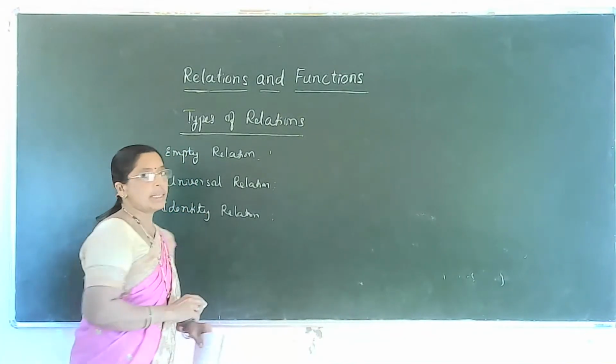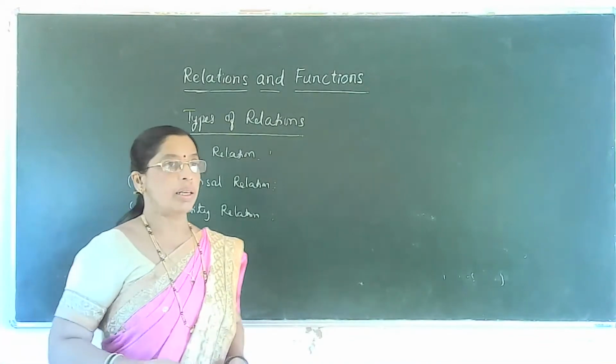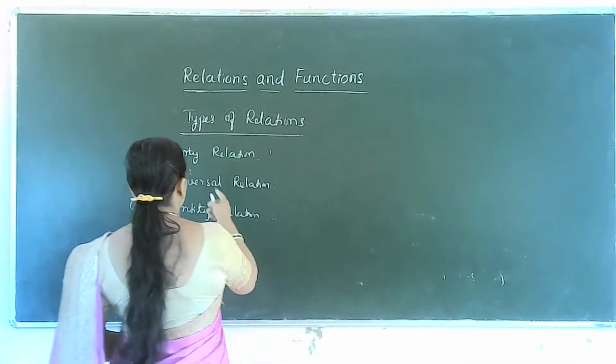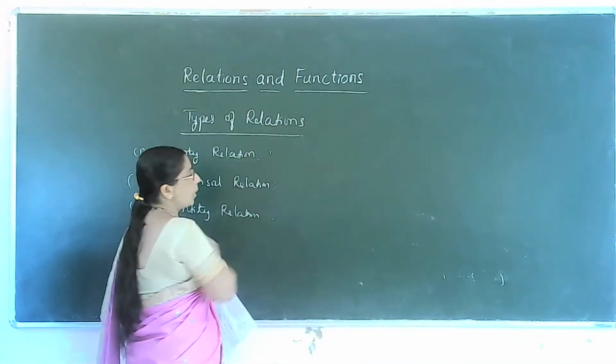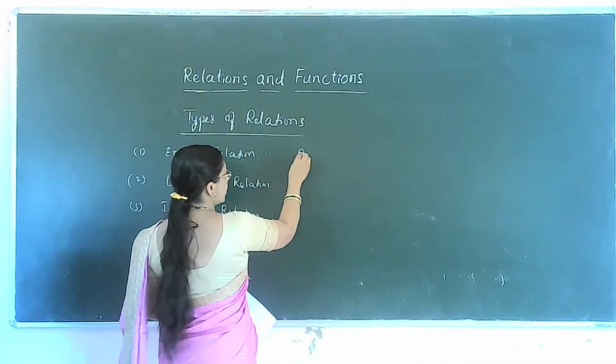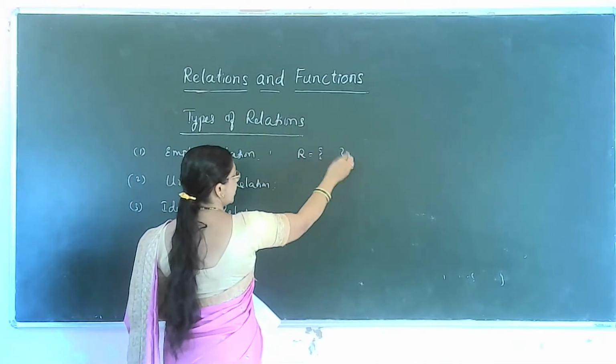In the empty relation, its name says it is empty. There is no element in this relation. R is an empty set.